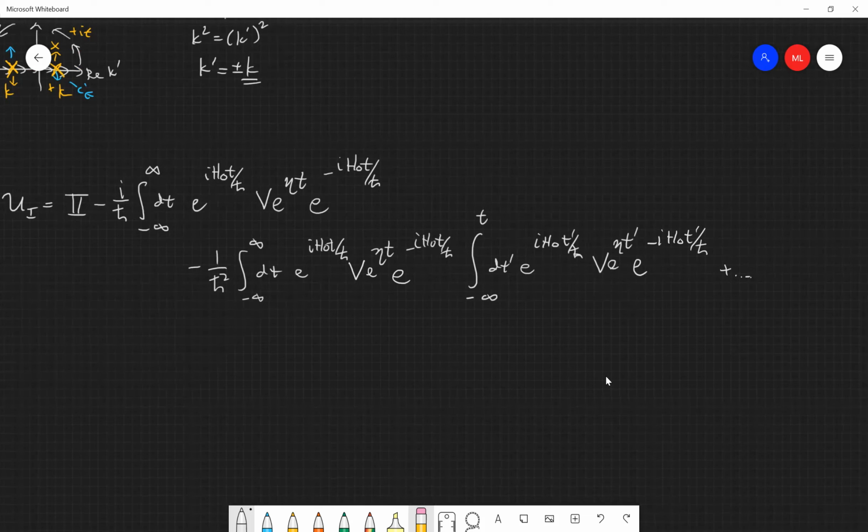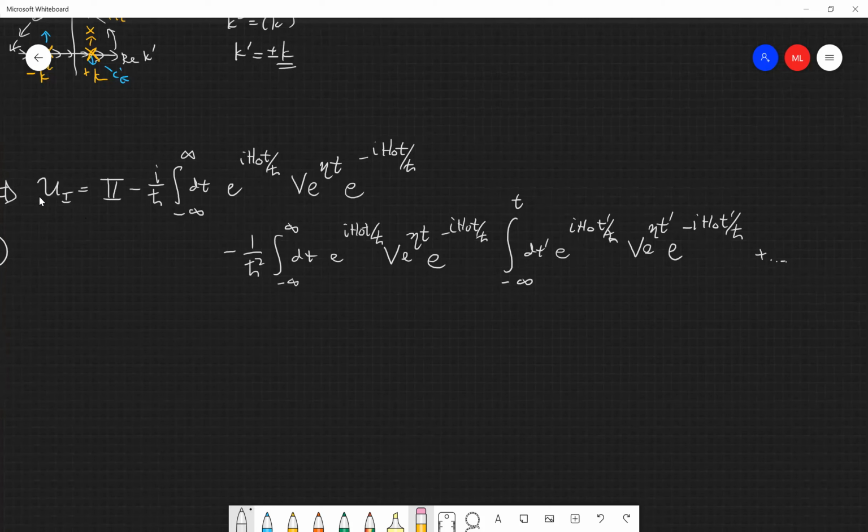But of course, you can evaluate all this in terms of your free particle states to see what's going on. You can look at the momentum space representation of this.